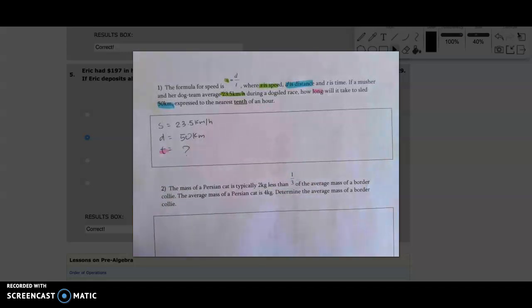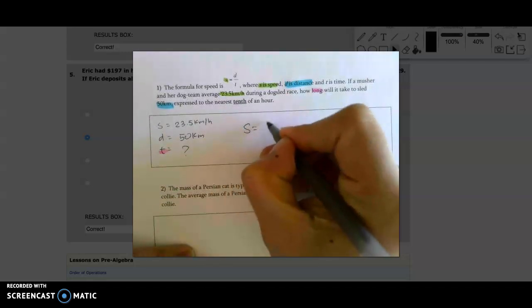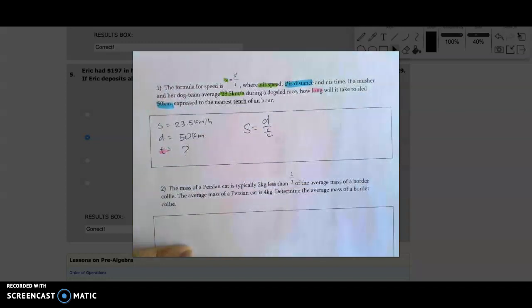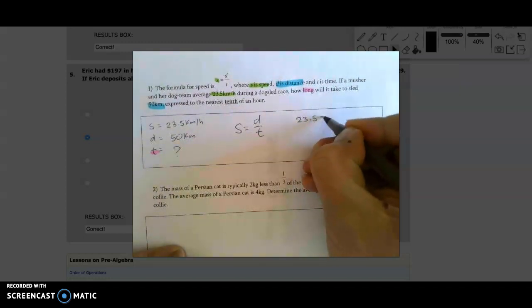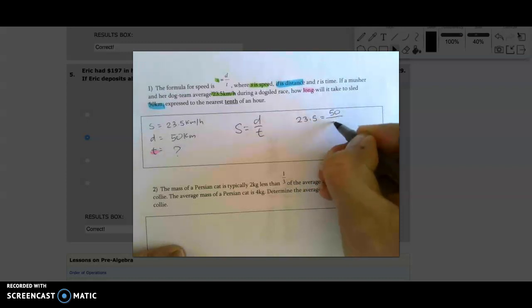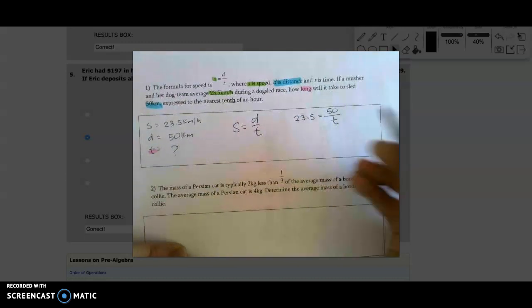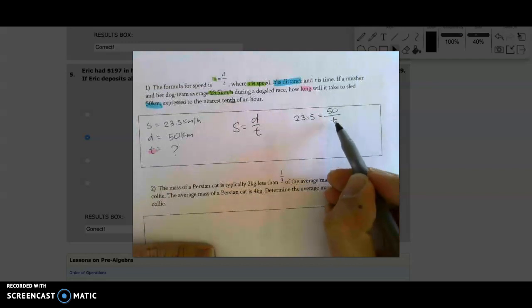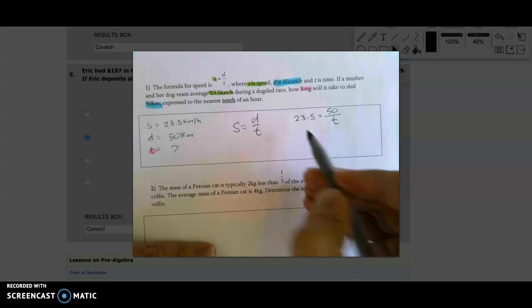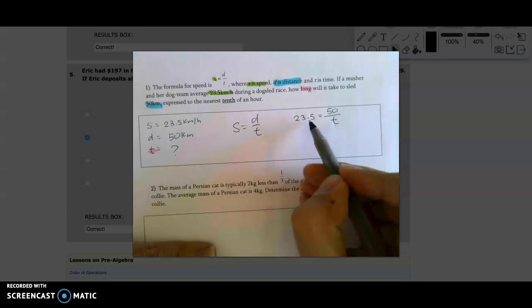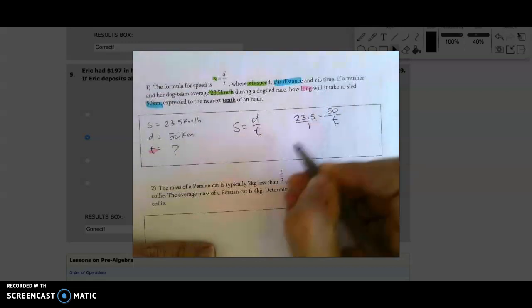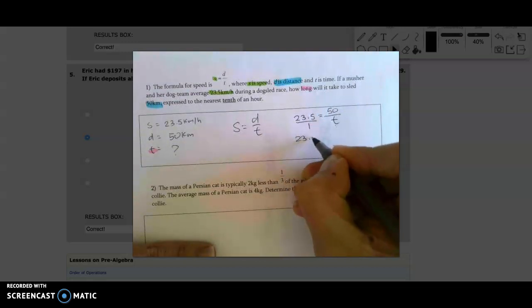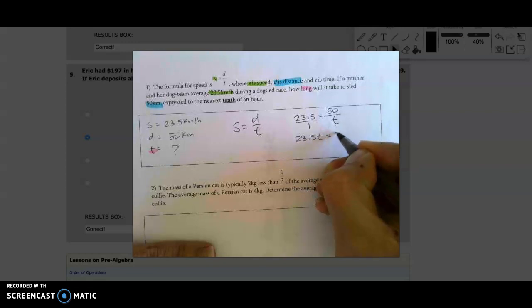So going back to our formula, S equals D over T. So let's just substitute, okay? So 23.5 equals 50 divided by T. Again, this one we're just substituting, isn't it? We need to find what number is T. So again, if this is a whole number, I'm going to put over 1, and then I'm going to cross multiply. 23.5t equals 50.